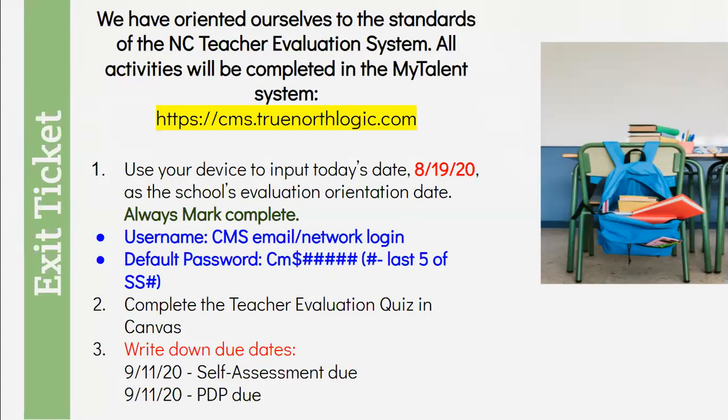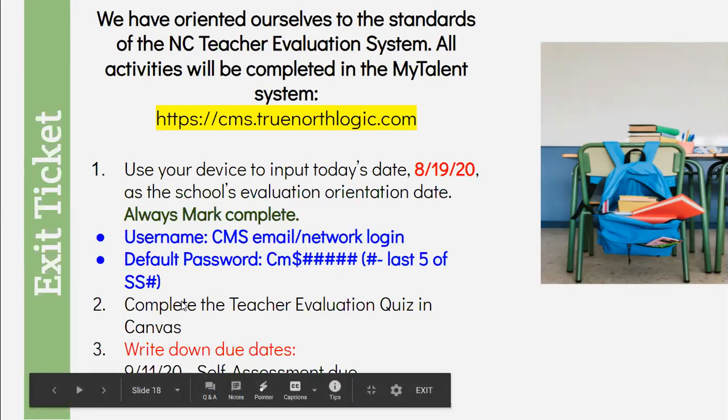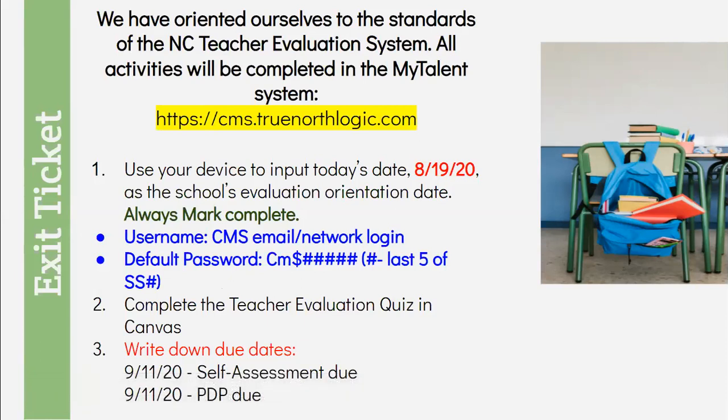Your username is your CMS email, and your password is capital C, lowercase m, $, and the last 5 digits of your Social Security number. For your username, you can try including @CMS, but it's definitely going to be at least your name part. When you put in your orientation date, today's date, always mark complete.